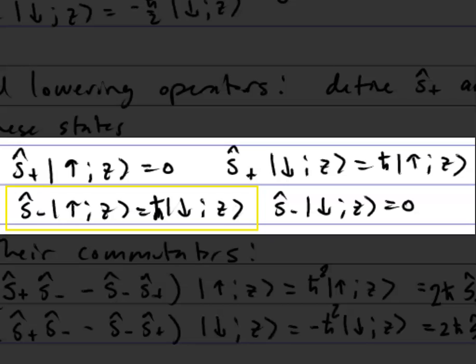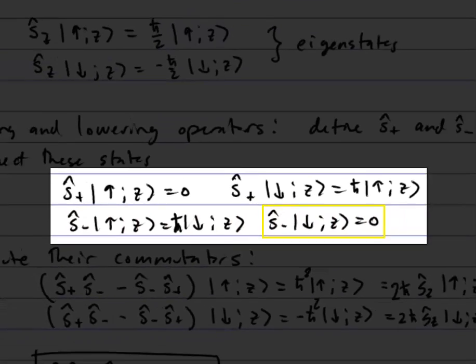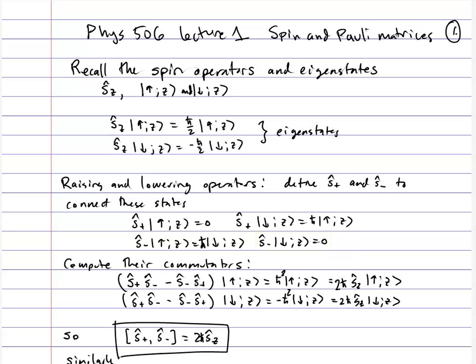Similarly, S minus acting on up equals h bar times down, and S minus acting on down is equal to 0. Now we can use these definitions on these states because the set up z and down z is a complete set, or a complete basis, in this two-dimensional space that we're working in.